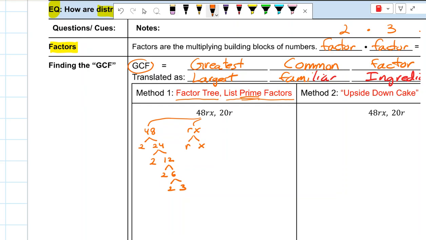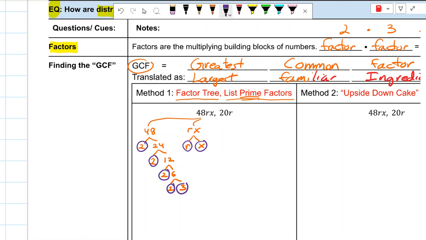And that's what factor trees lead us to. So if we circle all of our prime factors up here, we have a 2, 2, 2, 2, and 3, plus an R and an X. So we know what the prime factorization of 48Rx is.